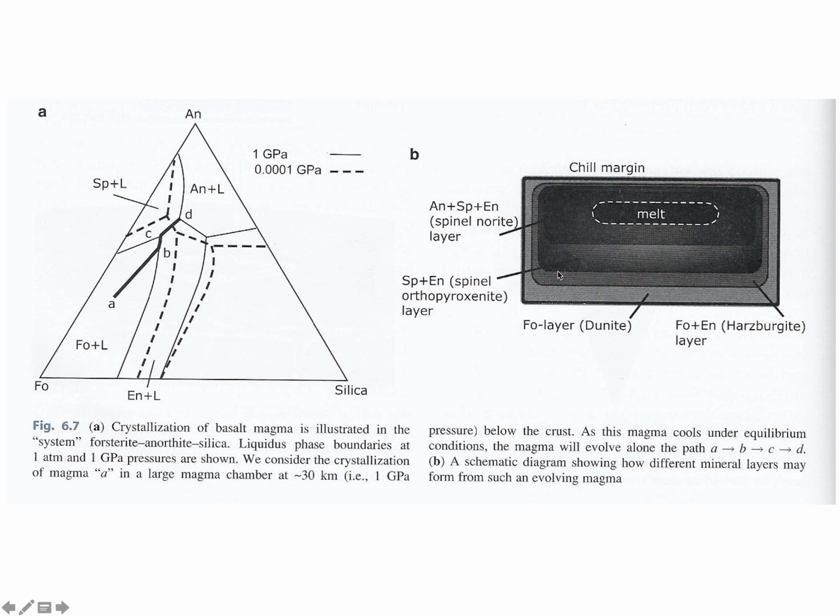Then we go from C to D. We form a spinel enstatite layer, that is here. Finally, at point D, we form a rock which contains anorthite, spinel plus enstatite, that is a spinel norite layer, which is a gabbro.